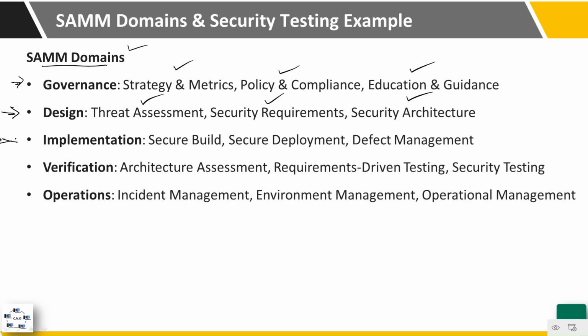Then we have implementation, which includes secure build, secure deployment, and defect management. Then we have verification, which includes architecture assessment, requirements-driven testing, and security testing. Finally, we have operations, which include incident management, environment management, and operational management.